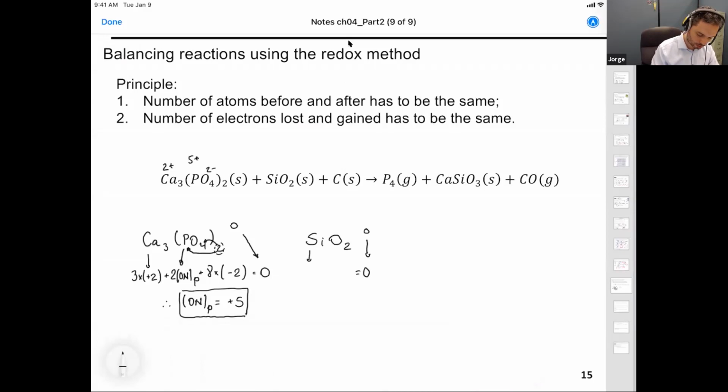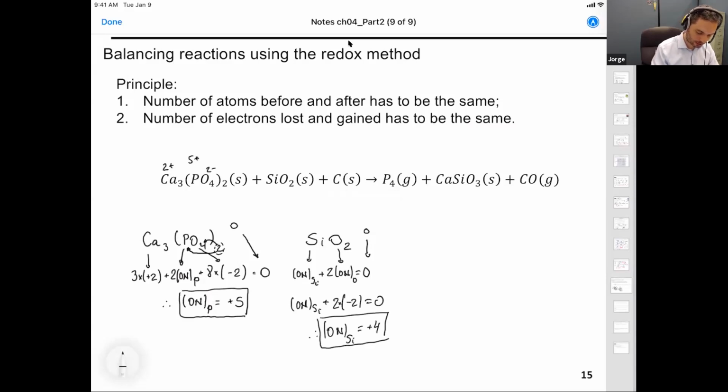We don't know the oxidation number of silicon. And we have 2 atoms of oxygen, therefore 2 times the oxidation number of oxygen. Replacing what we know here, the oxidation number of oxygen is -2, and this has to be equal to 0. Therefore, the oxidation number of silicon in this case is +4.